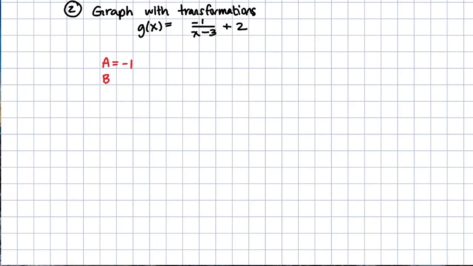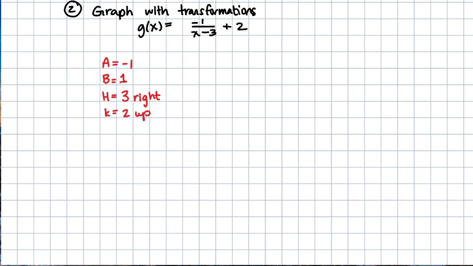The B would be the coefficient on the x, which is 1. The h is going to be the -3 after the x, so I see a negative, which means that it is a right shift. I prefer to write right versus just writing -3, a little more clear. And then the k is going to be 2 units up.